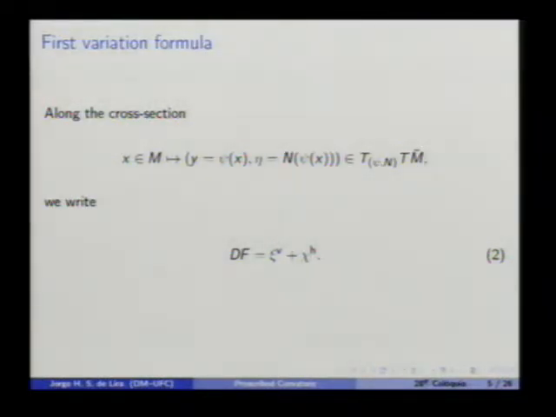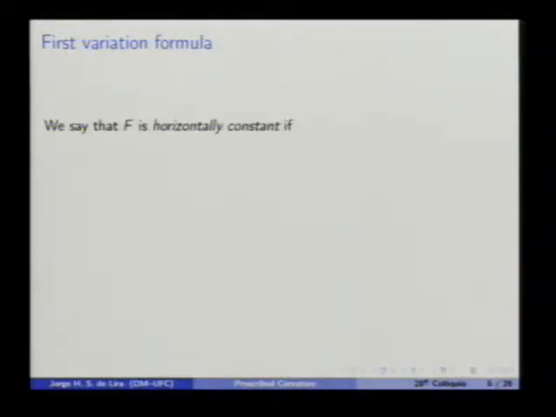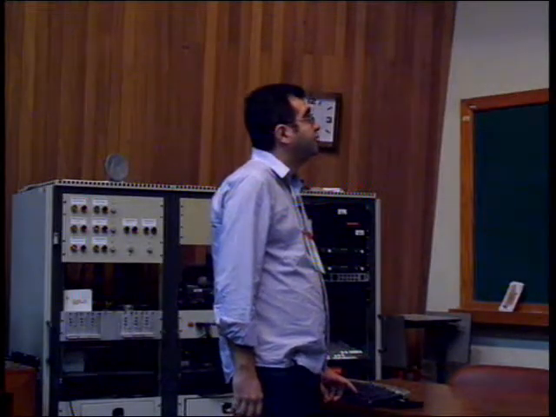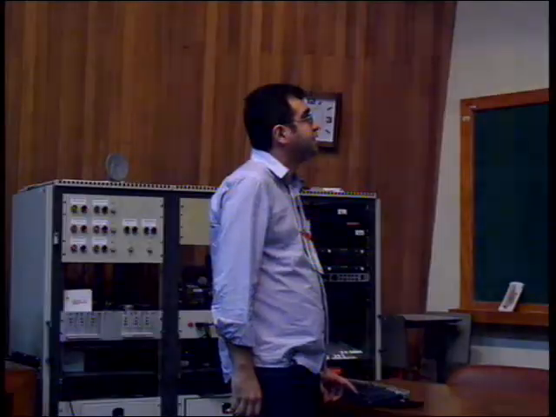You break this vector field into horizontal and vertical parts. You are using here, for example, the Sasaki structure of the tangent bundle. It's one choice. So breaking the gradient into these two directions.